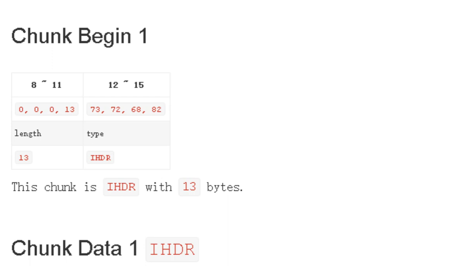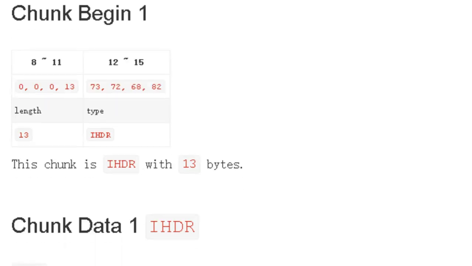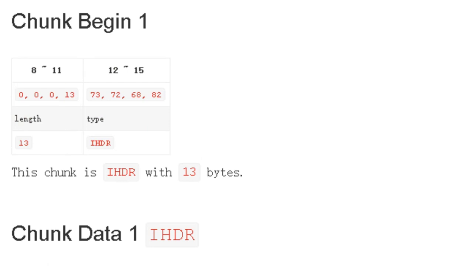So the length is 13, right? Because you take all those bytes, 4 bytes, smash them together, you get the number 13. You take the next 4 bytes, smash them together, and you get the ASCII string IHDR. This chunk is IHDR with 13 bytes.